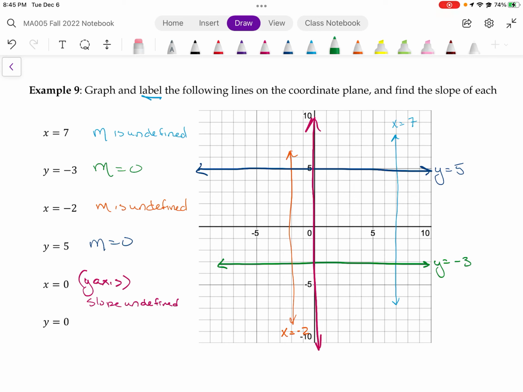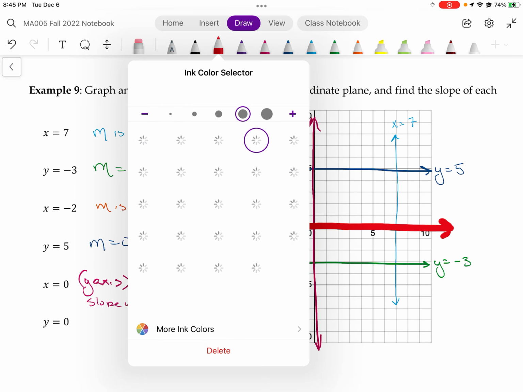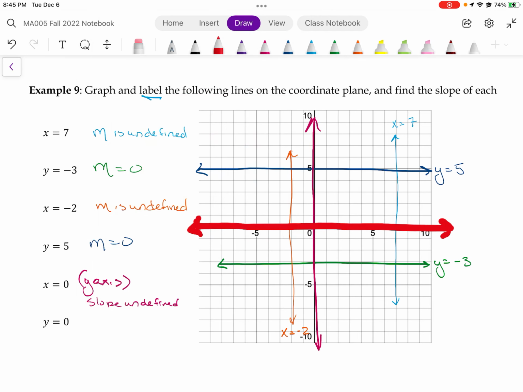And y equals 0 is going to be, I'm going to do a different color. I guess I'll do red. Let me fix that. So this is going to be y equals 0, right there. So that has a slope of 0. It's flat. It has a slope of 0.